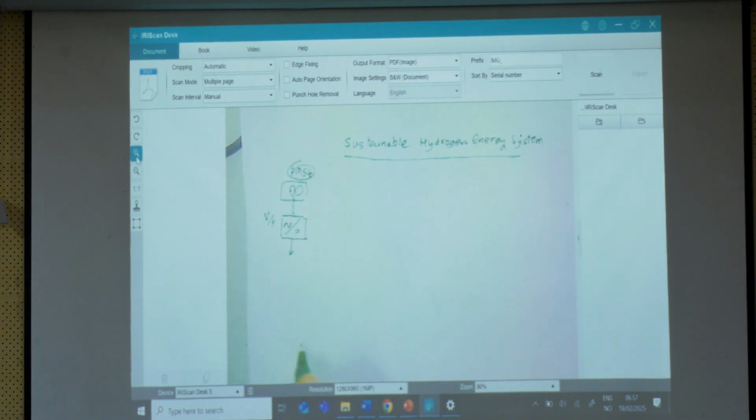So, let us say here we have an alkaline electrolyzer. I hope that you are in a position to see from the backside. So this alkaline electrolyzer, due to its electrochemical reaction, needs DC supply.